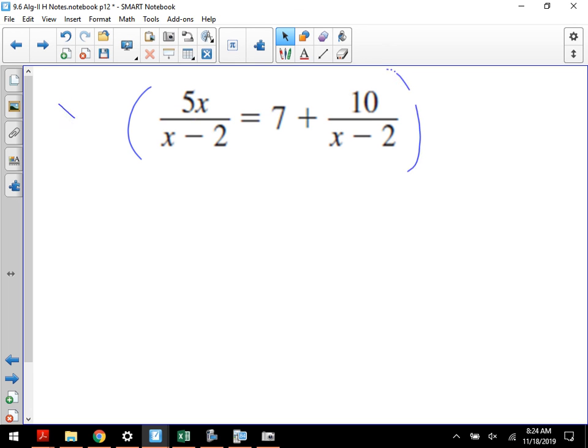So here, the common denominator is x minus 2. The first fraction has it, doesn't need it, so it's just 5x. The 7 needs it. The 10 has it.